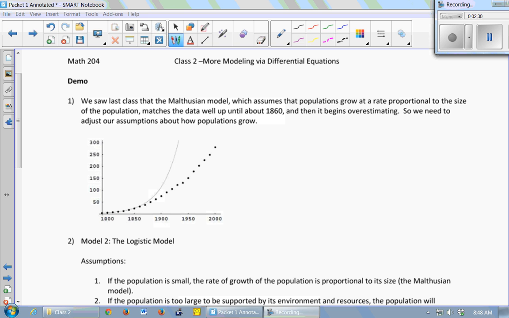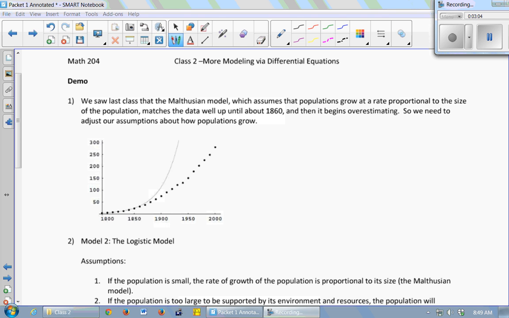However, when we used that model for the United States population, and we superimposed what the model predicted over the actual population values, it was a really good model until about 1860-ish, and then the model starts to grow much too fast, much faster than the actual population. So we need to adjust our assumptions about how populations grow. It must not be true that a population always grows at a rate proportional to its size.